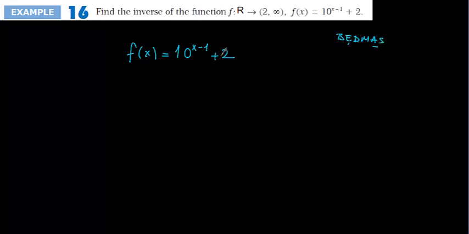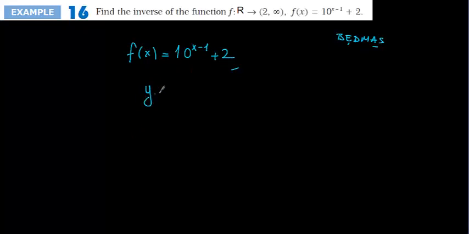But when you get the inverse, the operations should be inverted also. So if you want to get x alone, first you should get rid of the 2, then you should get rid of the 10, because it is the exponential base.